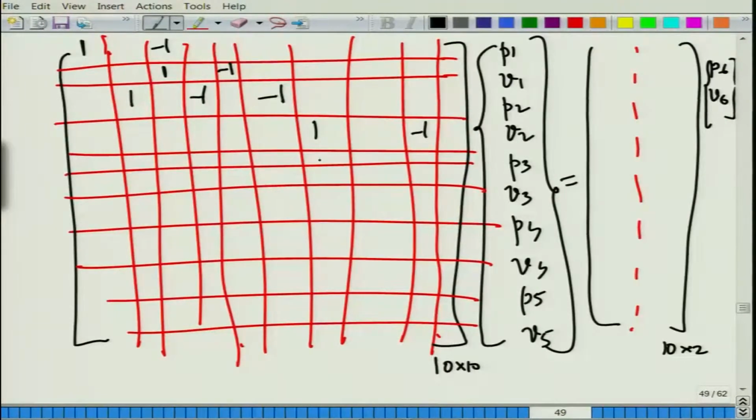So, for the next equation, P4 is equal to P6. So, here it will not be minus because it is on this side, and everything else is 0 here, 0 here, and then V4 is basically this entry. So, this is equal to this, and this will become minus 1 here. Okay. And here it will be 1. All right. So, we are done with the junction laws here.